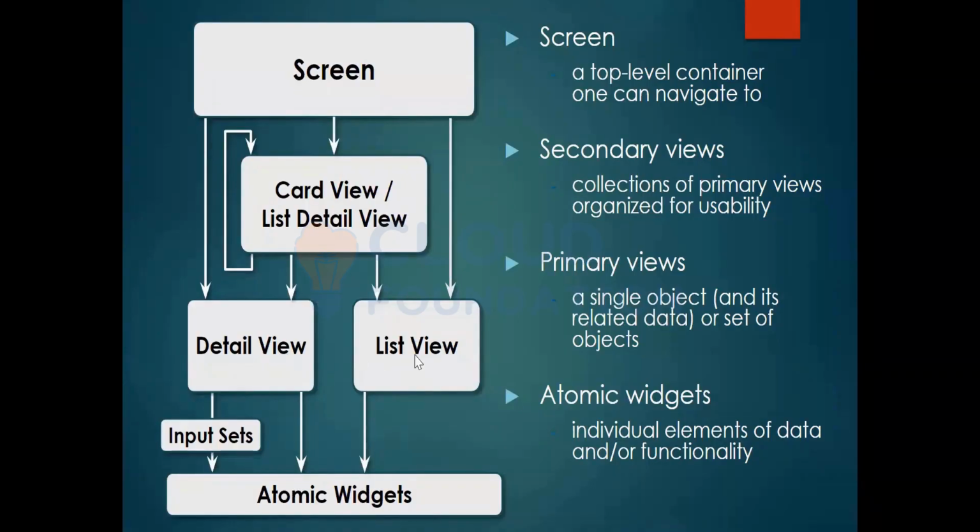These are the primary containers. Card view, list detail view and screen are the secondary containers, because atomic widgets cannot be directly added to these. First, they need to be added to the detail view or list view. Then that detail view has to be added either to the screen or to the card view. This shows the hierarchy.